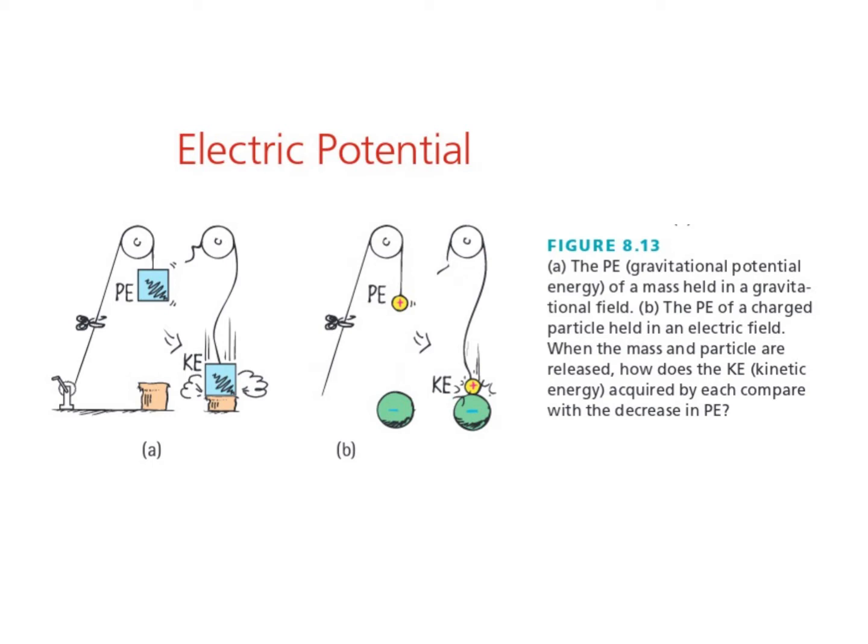And if you remember, the amount of potential energy lost as it's attracted would be equal to the amount of kinetic energy it gains, because mechanical energy is a conserved thing. And that works for electricity just as it does for gravity.